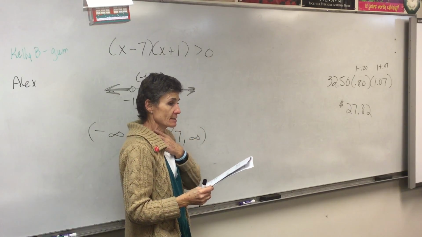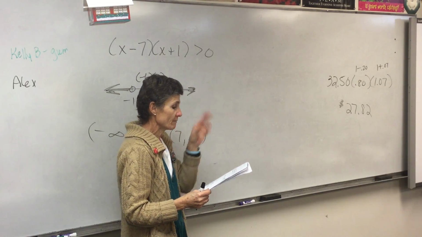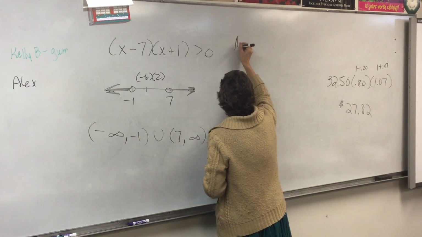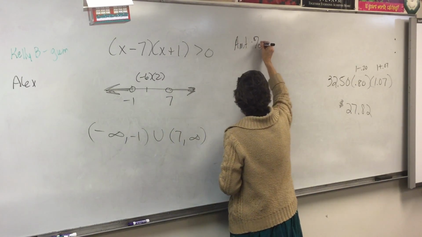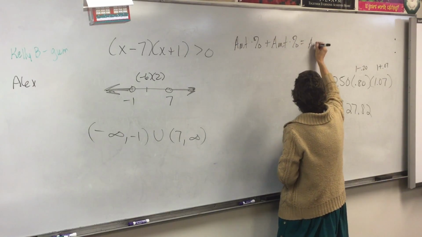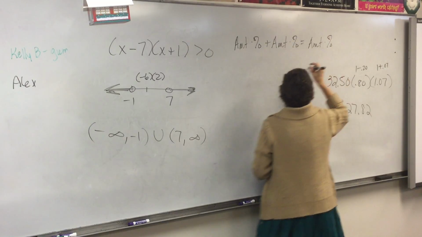How do we do this? What's our general formula? Amount times percent plus amount times percent equals amount times percent.